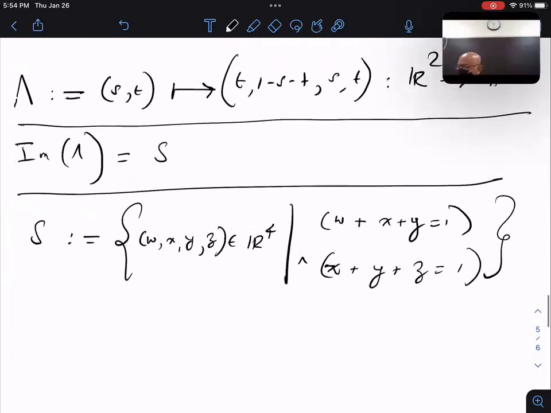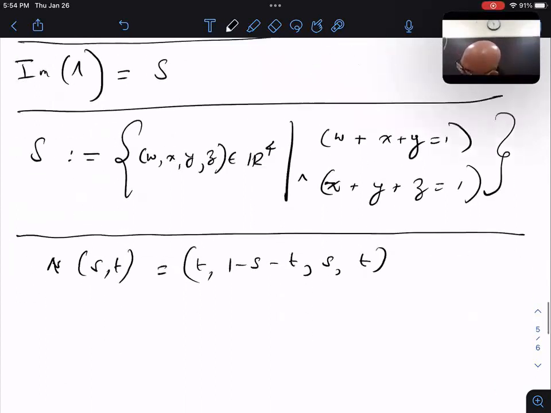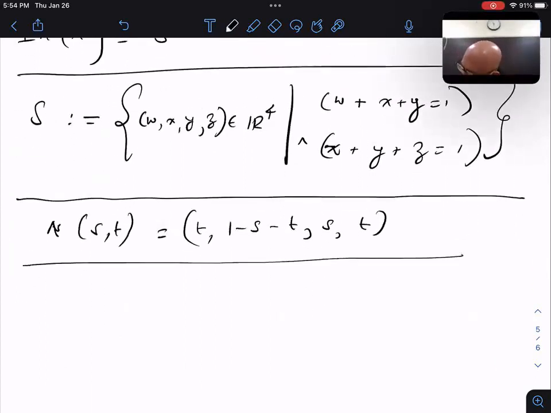So let's see what lambda does to. So lambda of ST is equal to T, 1 minus S minus T, ST. So for instance, lambda of 0, 0 is equal to 0, 1, 0, 0.